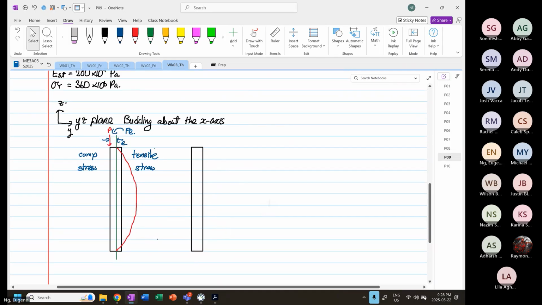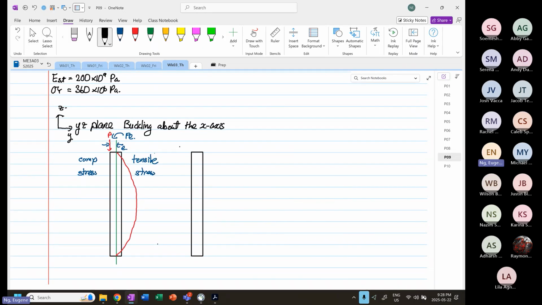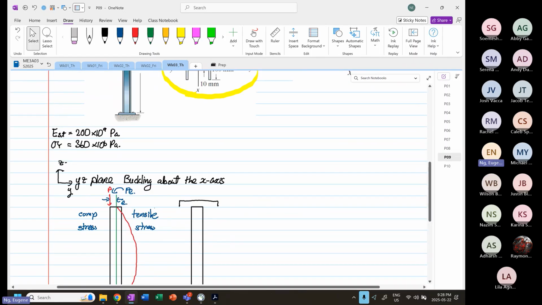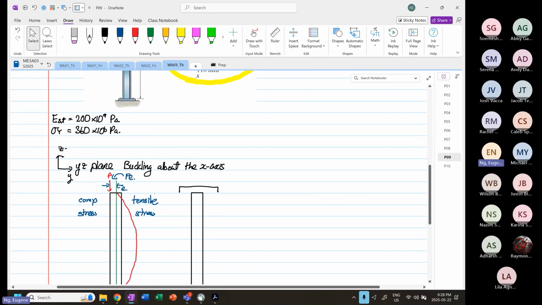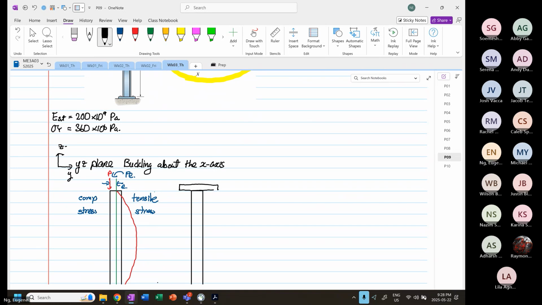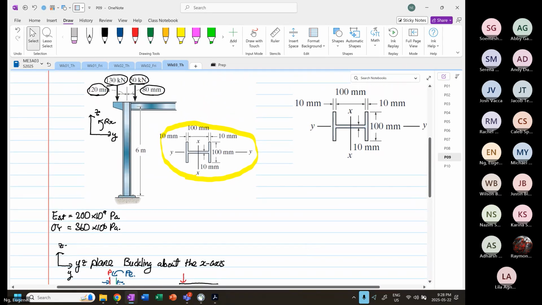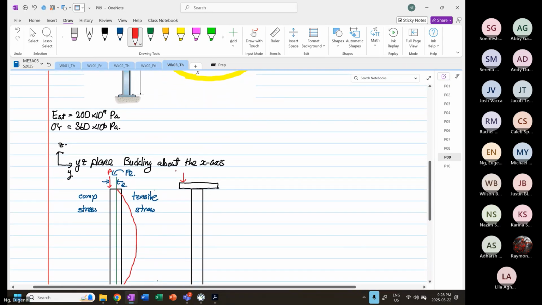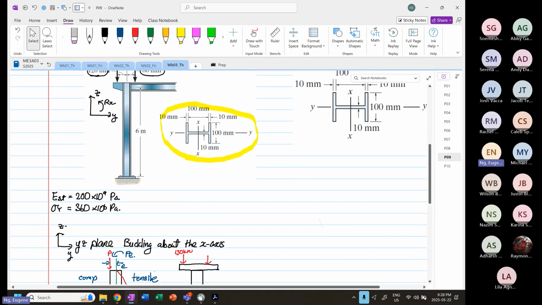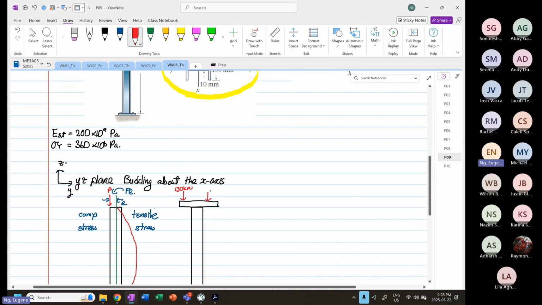And then our structure, we have a plate on top. Yeah, we have a plate on top. And then we are given a load of 130 kilonewton. And we have another load over here of 50 kilonewton.